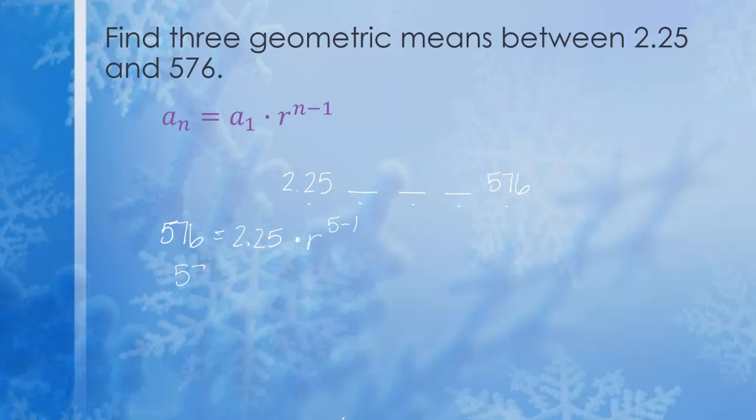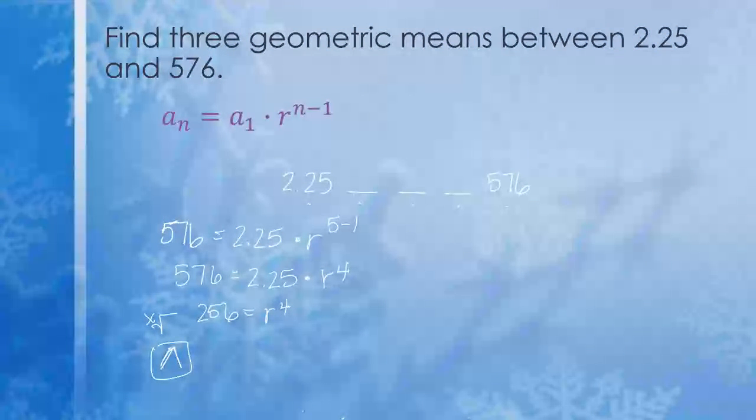So let's evaluate. 576 equals 2.25 times R to the 4th power. I'm going to take 576 divided by 2.25, which is 256. So what to the 4th power is 256? How do we figure that out? On your calculator, above that little caret button, you should see something that looks like this, okay?